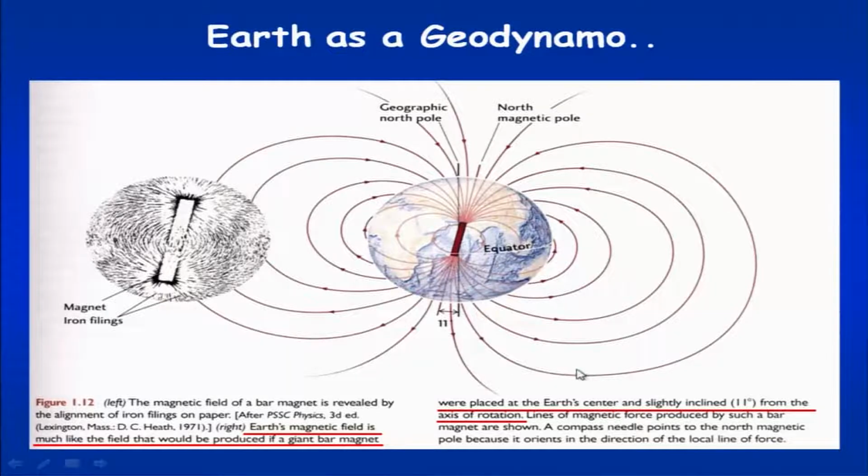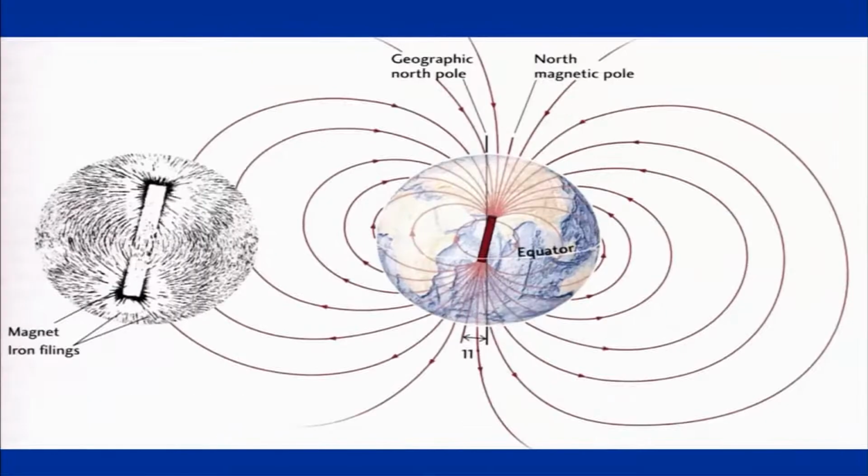So, the force which is acting in this direction along the 11 degree inclined magnetic bar, the needle of the compass will also align along the magnetic pole. So, the compass needle points to the north magnetic pole because it orients in the direction of local lines of force. So, this is what we are discussing.